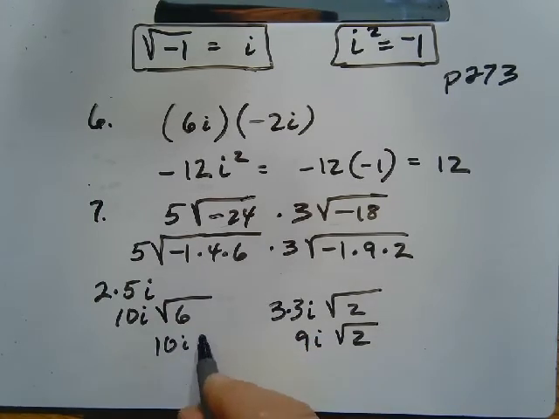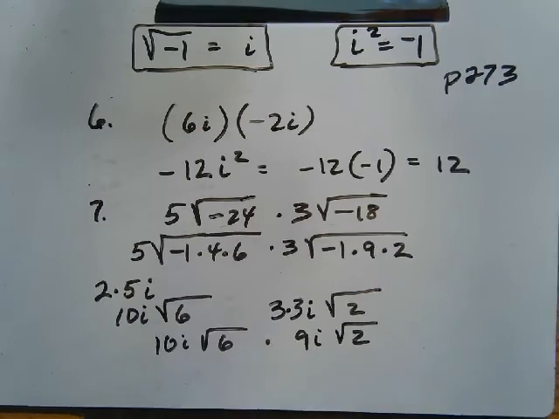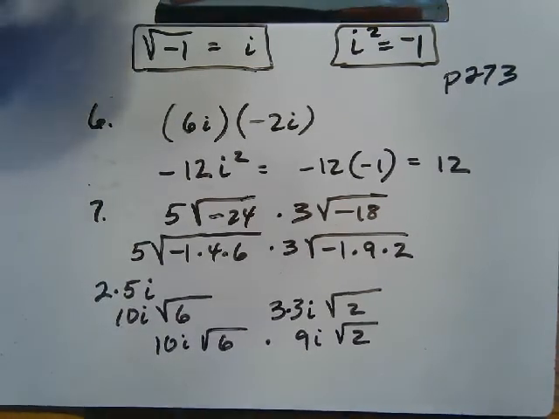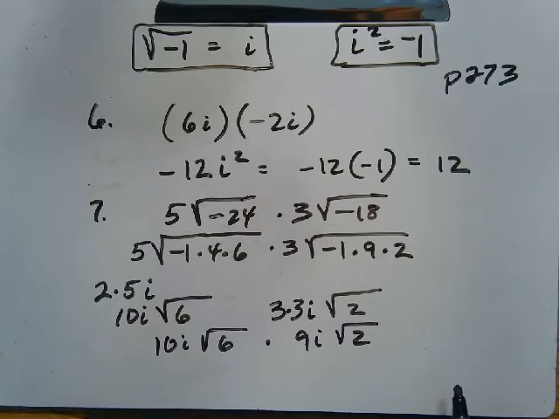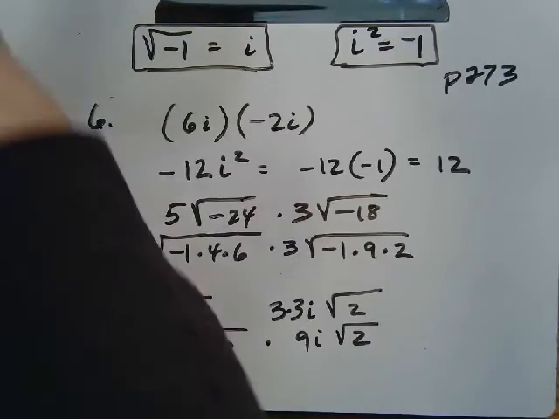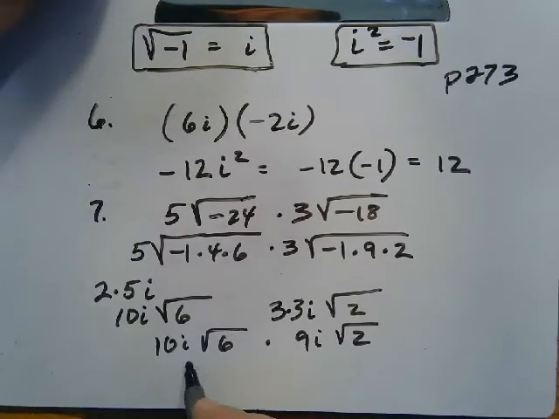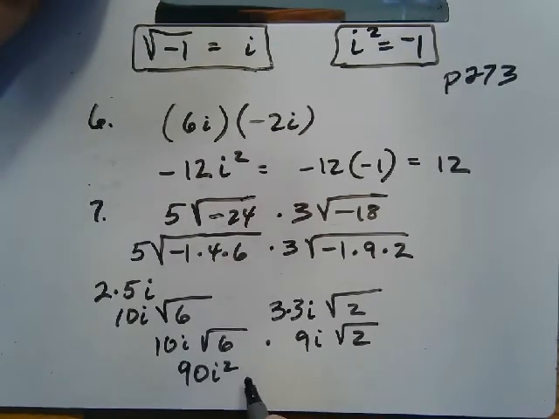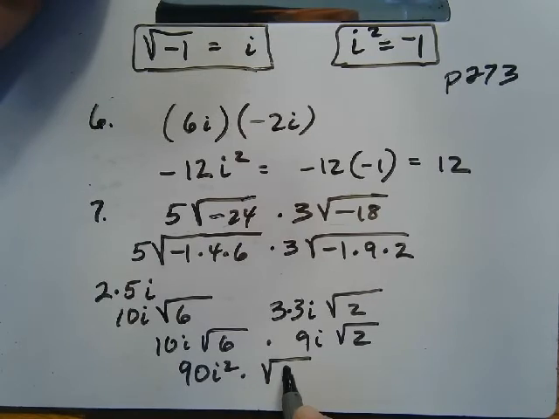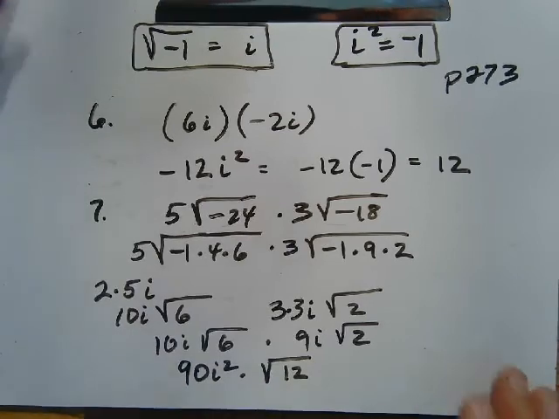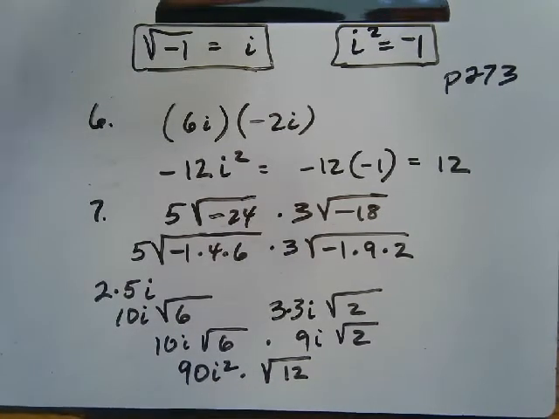And 10i root 6. All right, now we're going to run out of room here, so I'll have to move up here in a second. All right, 10i times 9i is 90i squared times the square root of 12.